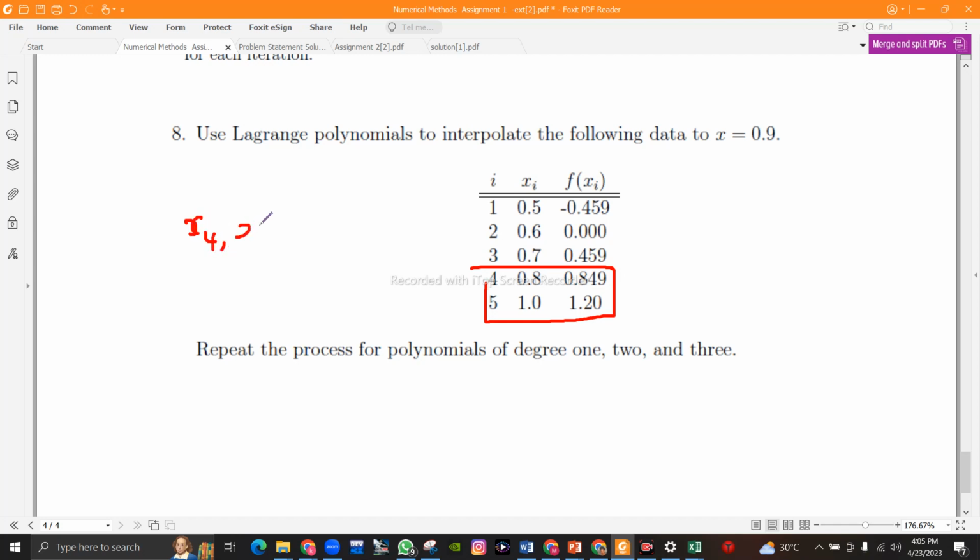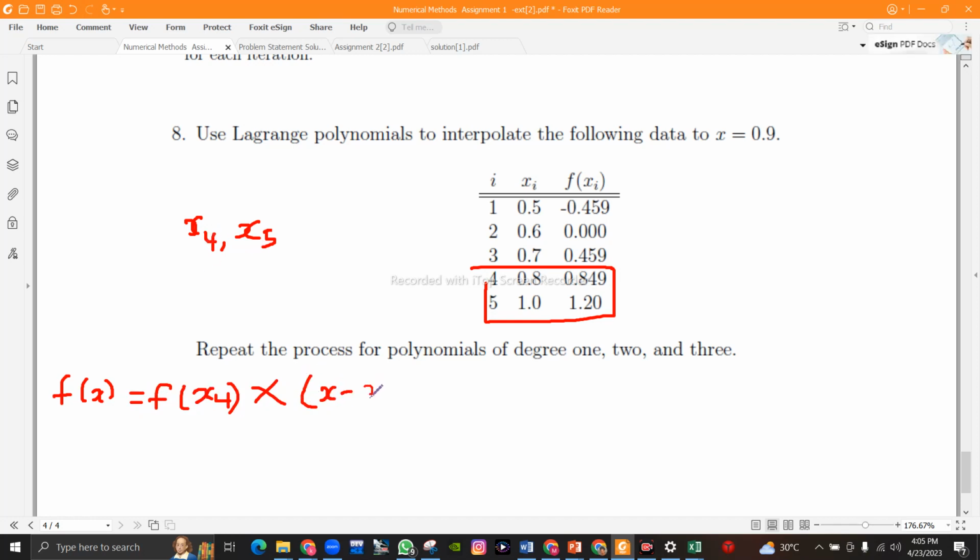We do the same thing the way we did it before. Now our f of x, we are using x4. That's f of x4, times x minus x5, close bracket.